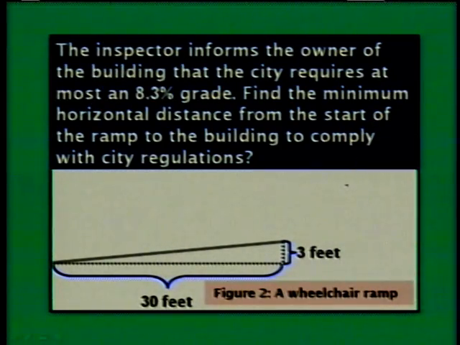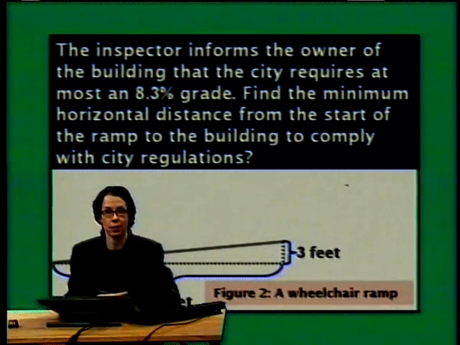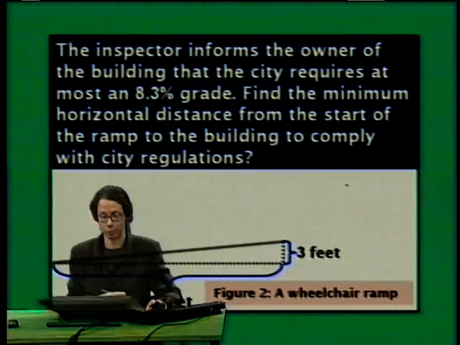But the building inspector is not happy. The inspector informs the owner of the building that the city requires at most an 8.3% grade. They have a 10% grade. We want to find the minimum horizontal distance from the start of the ramp to the building to comply with city regulations. Let's look at our figure again.